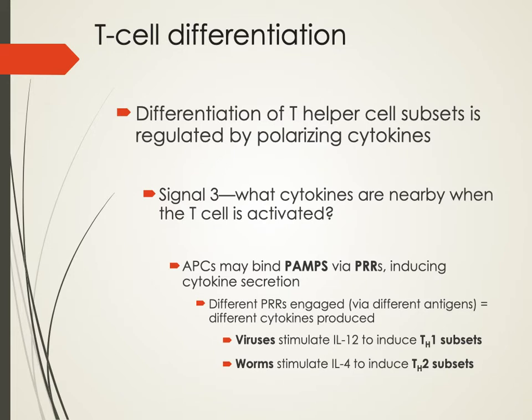So there are a lot of factors contributing to what cell subset you end up getting. Some of that information comes before the T cell even arrives on scene. It's from what the APC saw, because of the ligands that bound to its receptors, it needs this type of cell to fight this type of infection.